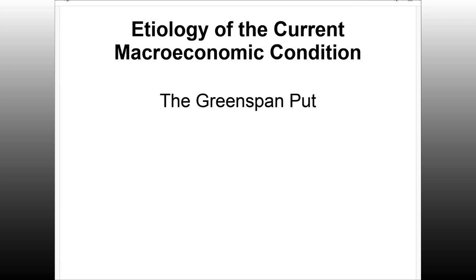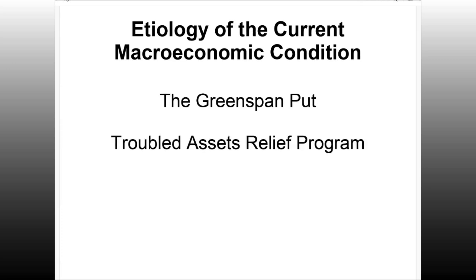Next slide, please. All right, the Troubled Assets Relief Program. Because the banks were choked with toxic assets in 2008, the Fed had no choice but to take those assets off of the balance sheets of the banks and put them on its own balance sheet.